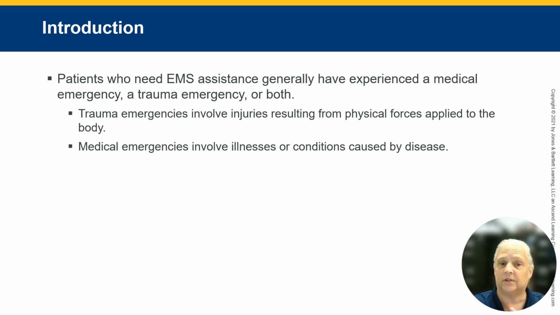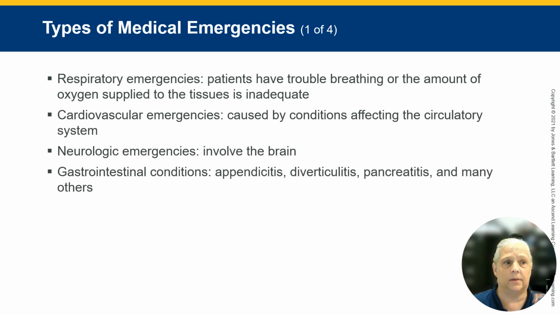Cardiac issues such as congestive heart failure is another example. For our respiratory emergencies, our patients are having a difficult time breathing, or they are breathing adequately, but the oxygen is not being used appropriately by the body. It's not getting adequate oxygenation to the tissues.